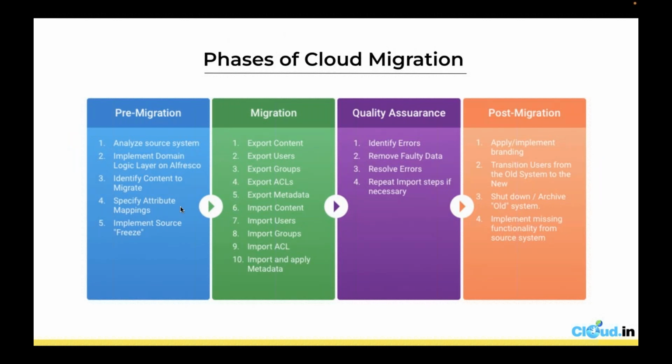Yeah. So these are the phases of migration. Each phase consists of very critical elements and some checklist points that need to be ensured before moving on to each phase. The pre-migration phase involves activities that are necessary before the actual migration begins.